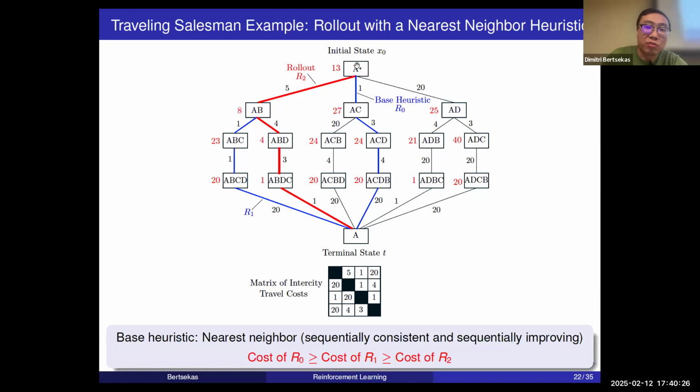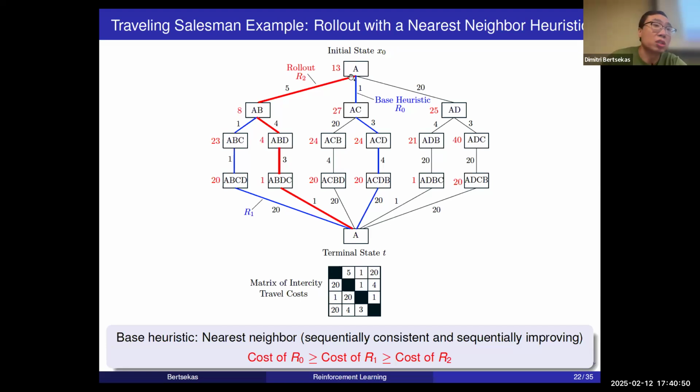Okay, so if we apply the nearest neighbor heuristic starting from initial city A, we first look at the distance from A to all the other three cities, B, C, D, and their values are 5, 1, and 20, which is listed in the first row here.